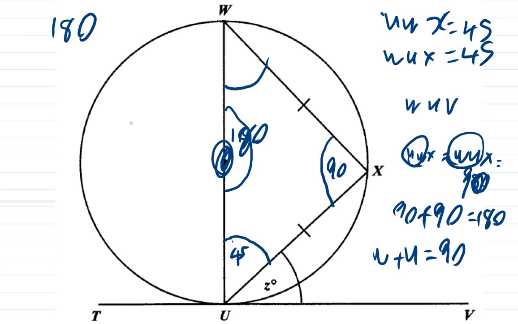The angle at the circumference, that is WXU, is half the angle at the center, which is 180. So half of 180 is 90 degrees. If it's isosceles, then WUX must be 45 degrees.